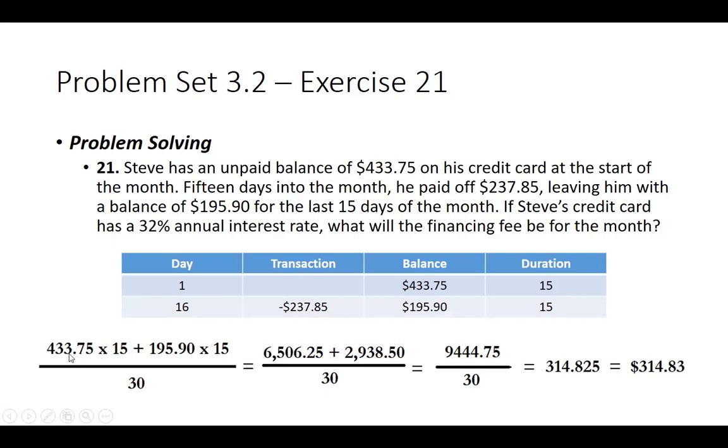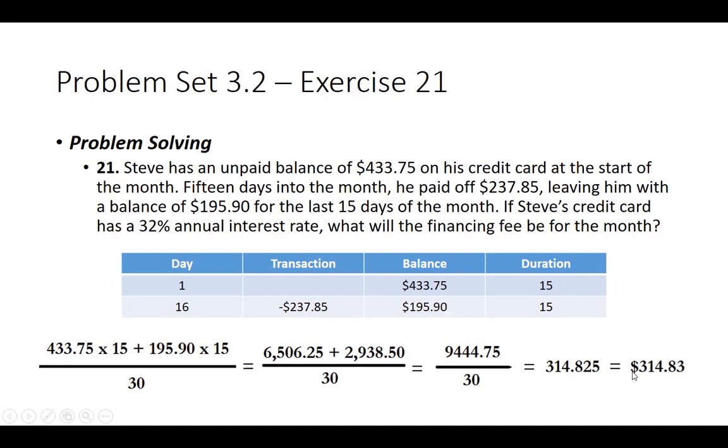Set up the balance, set up the average. 433.75 times 15 plus 195.90 times 15. That's 6,506.25 plus 2,938.50, which is 9,444.75.